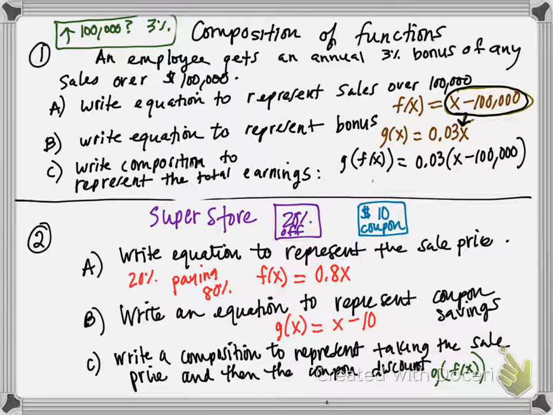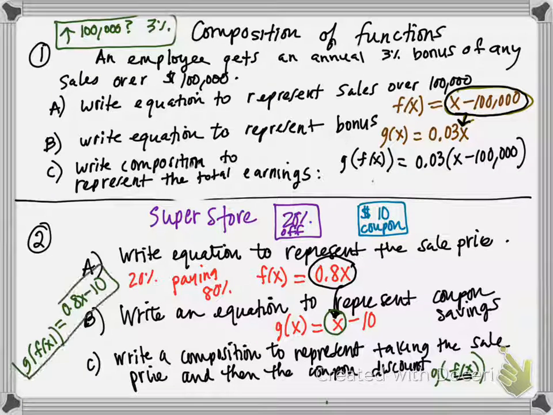Essentially, we're taking f of x, which is 0.8x, and plugging that in right here for x. My final equation would be, I'll just call this g of f of x, equal to, if I plug in 0.8x right here, 0.8x minus 10.